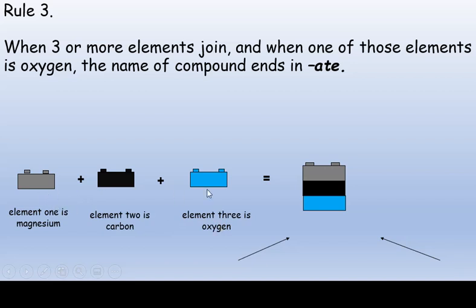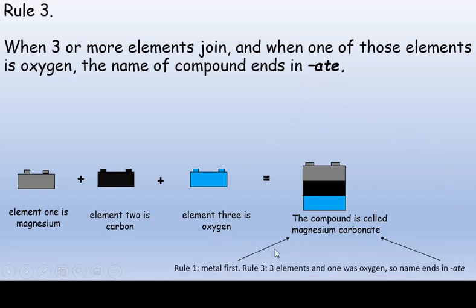So we've got 3 elements, and one of them is oxygen. They combine together, they join, they make a compound called magnesium carbonate. Okay, magnesium, carbon, and here's the oxygen, which we changed to "ate". So this bit follows rule 1, put the metal first, and this part here follows rule 3, okay, where it ends in "ate".